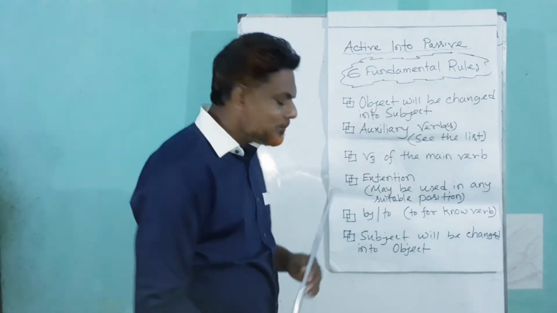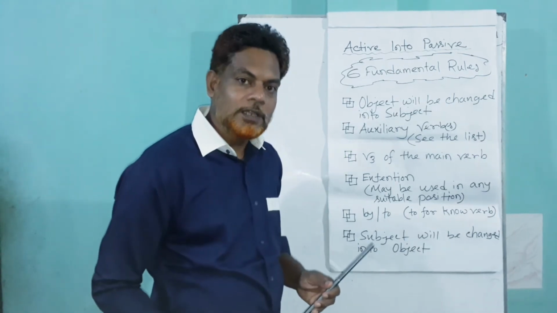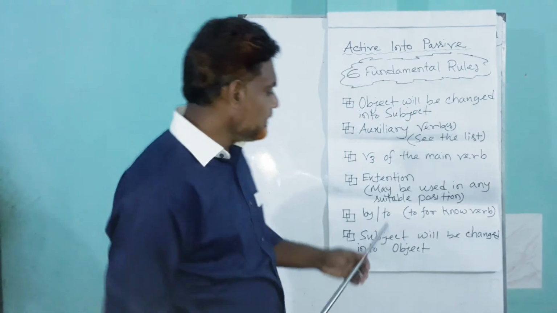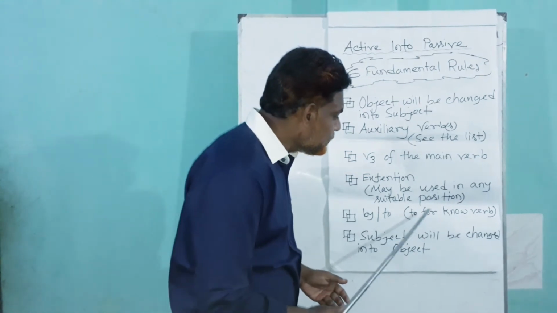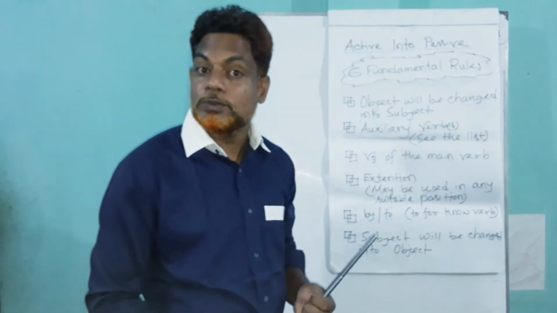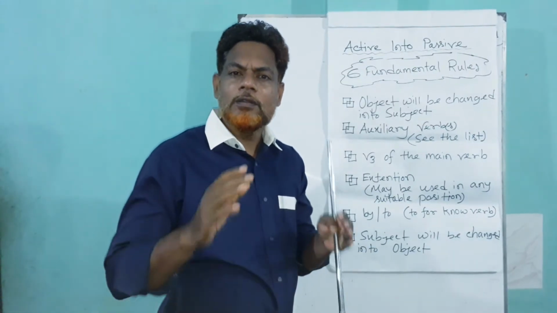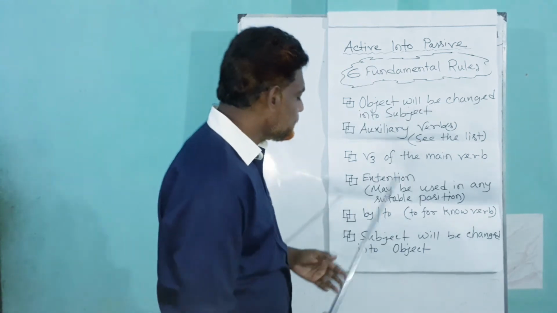Then in the 5th position, you have to write by or to. By or to. But I have written in brackets that to is for no verb. Only for no verb you have to use to, and for almost all the rest of the verbs you have to use by.